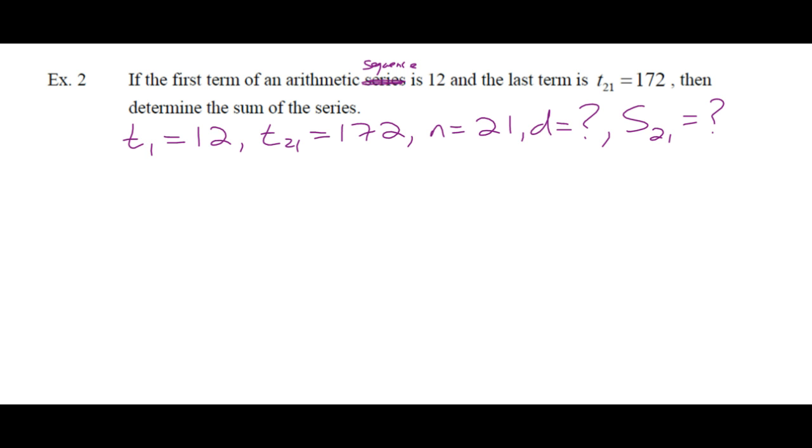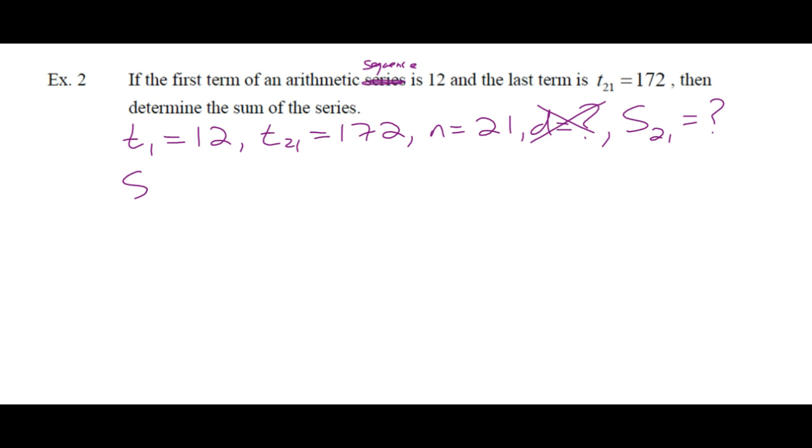If I list all the information I have, that helps me determine what formula to use. There are a lot of motion formulas in physics, and if you just list everything, then you say, oh, this is the formula I need, because the things I want to use are there, and the thing I want to find is there. We're not interested in d, so I shouldn't have to find it.